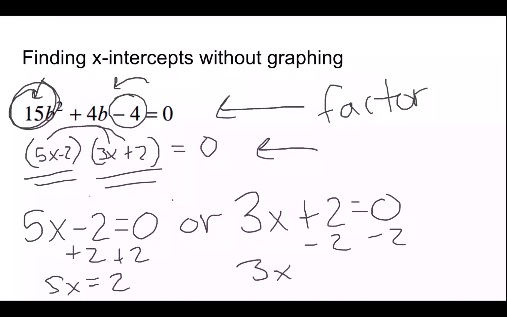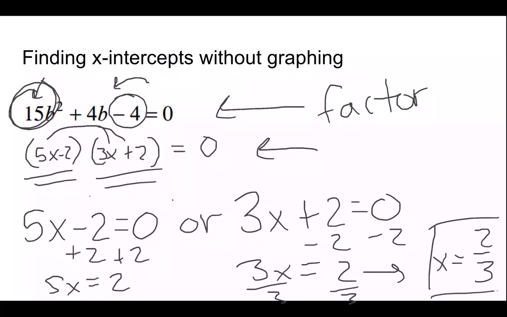I'd get 3x equals 2. When I divide by 3, I would end up with x equals 2 over 3. And in this case, when I divide by 5, I would end up getting that x equals 2 over 5. And those would be my two answers right there. x equals 2 over 5 and x equals 2 over 3.